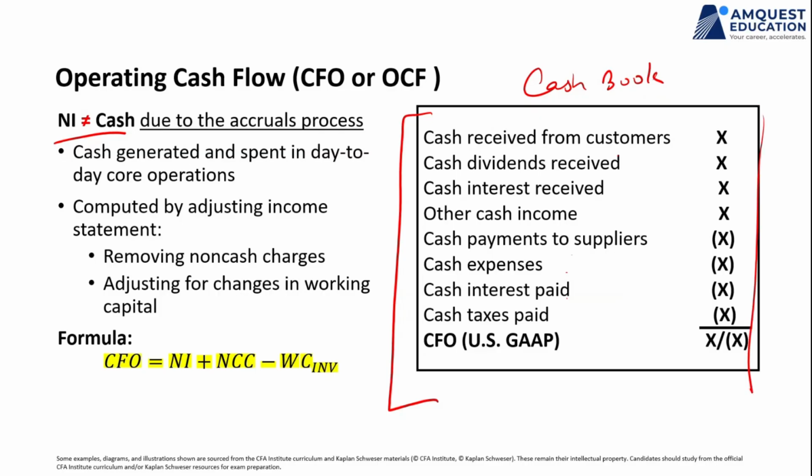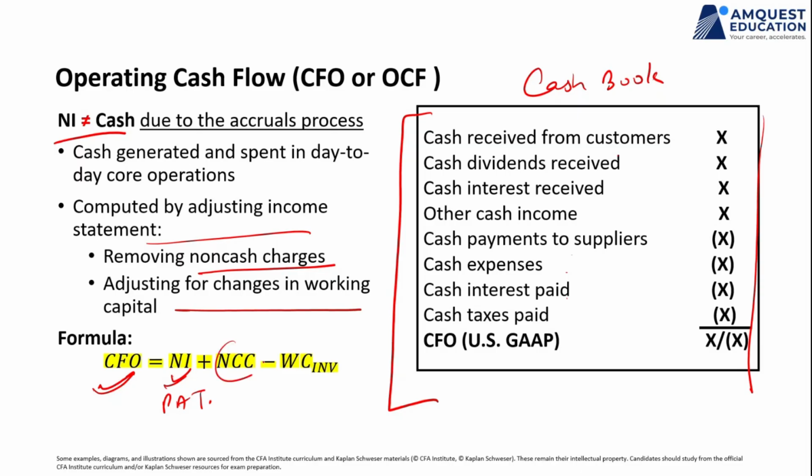But you can compute this by adjusting the income statement, removing non-cash charges, and adjusting for working capital. So if you want to calculate cash flow from operation, you can start with net income, which is nothing but profit after tax. To this profit after tax, you add non-cash expenses, and you subtract working capital investments.